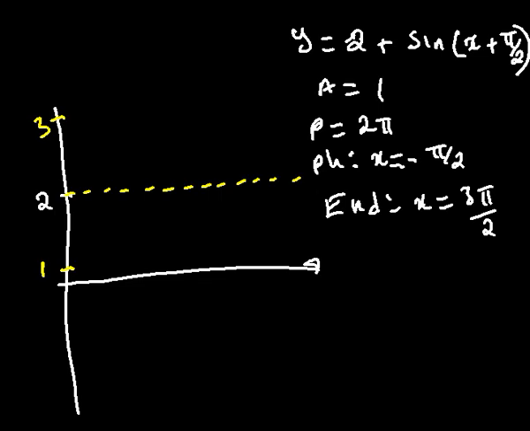Now how should you plot the graph? The graph is starting from the phase shift, actually x at negative pi over 2.